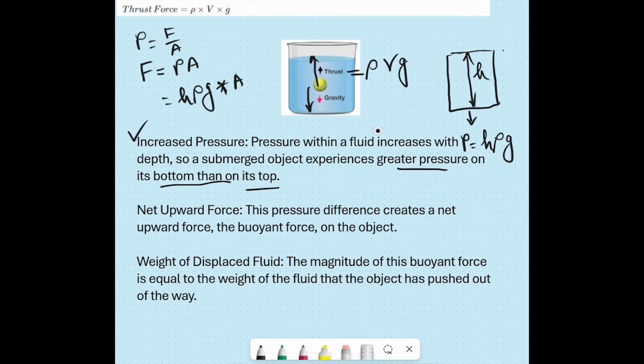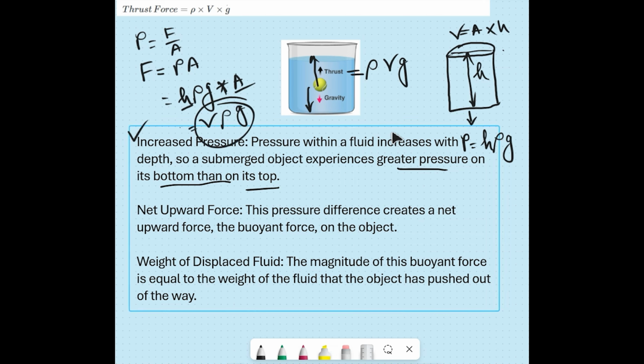So this is the container, and obviously the container where we keep the fluid or water looks like a cylinder, right? So the area of the cylinder is A and height is H, right? So H times A is actually the volume. So we could write down H times A is V rho G. This is actually the thrust force as well.